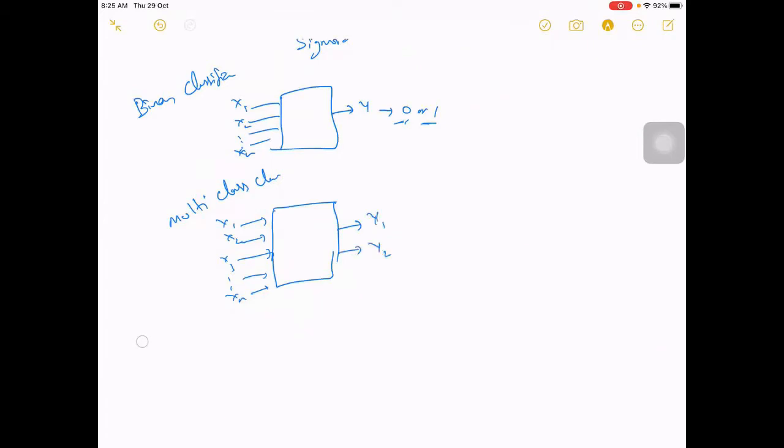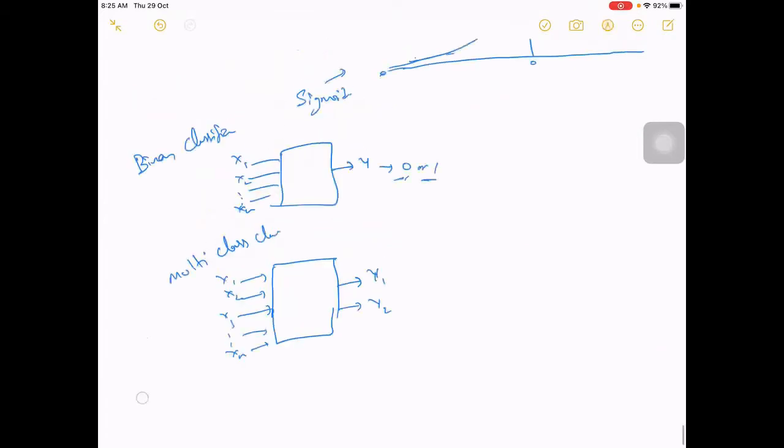In that case this will also be theta x, where these thetas are different from those thetas, so let me write it this way to differentiate between the two.